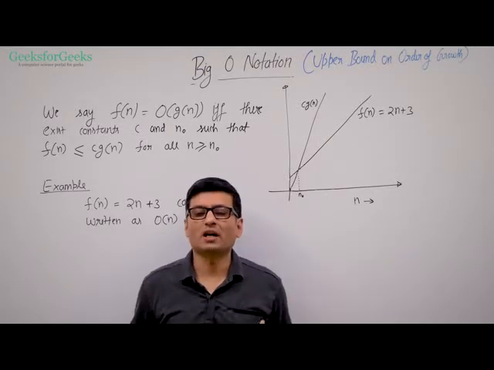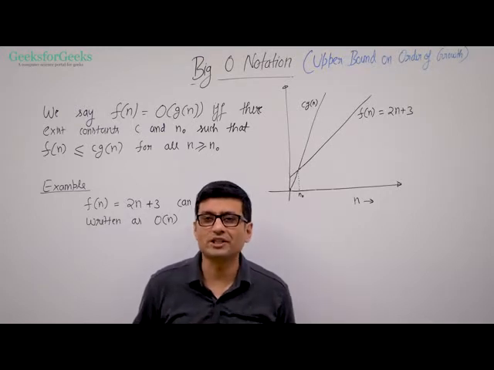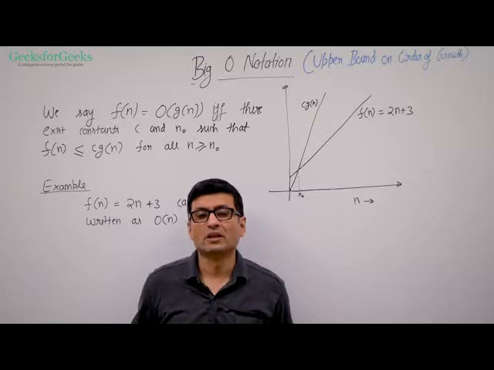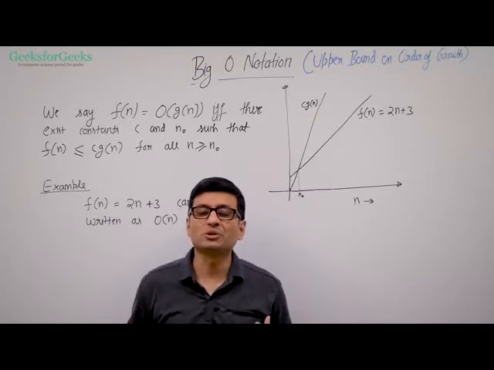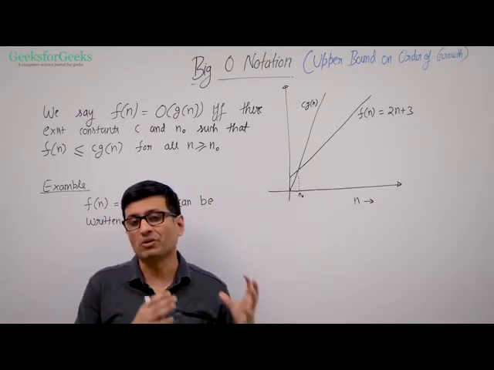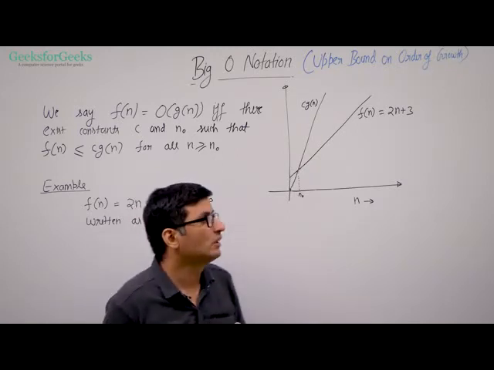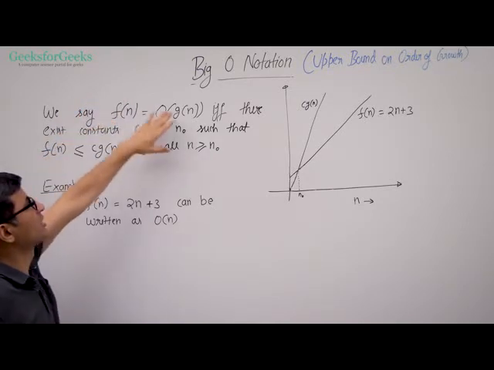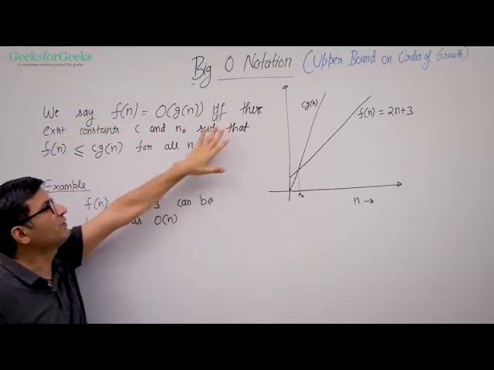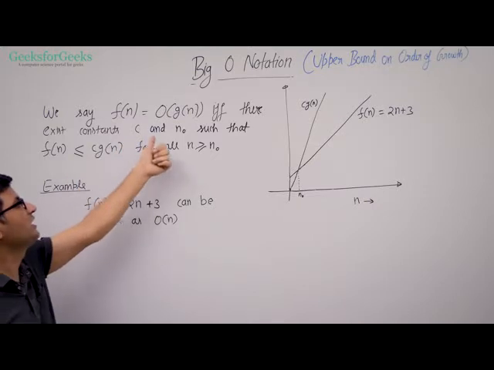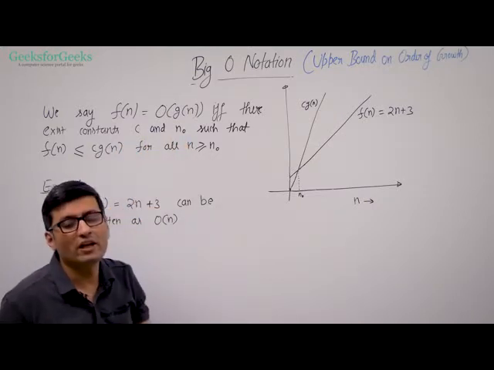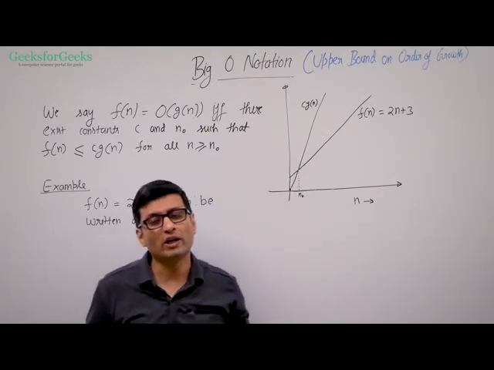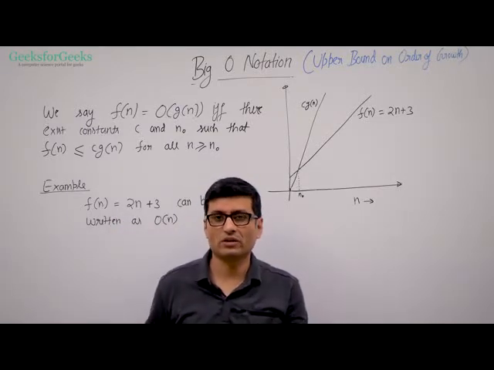We have seen a quick way to find Big O notation. Let us now see the mathematical definition of Big O notation. This mathematical definition can be useful to prove that the Big O notation that we found is correct. The definition says that we say F(n) is Big O of G(n) if and only if there exist constants C and n naught such that F(n) is smaller than or equal to C of G(n) for all n greater than n naught.